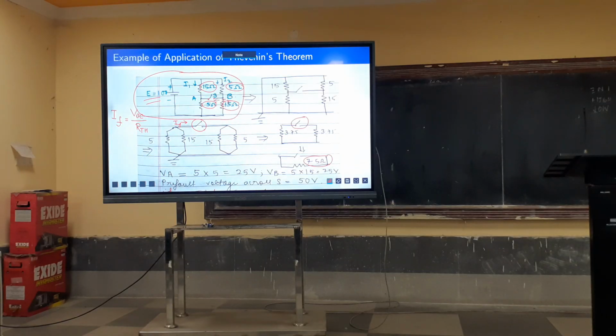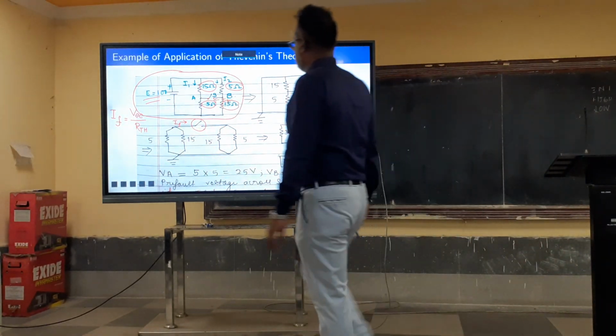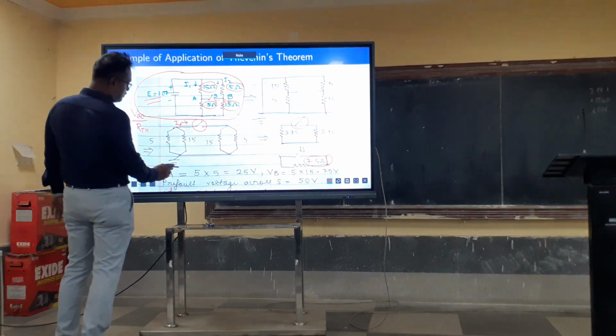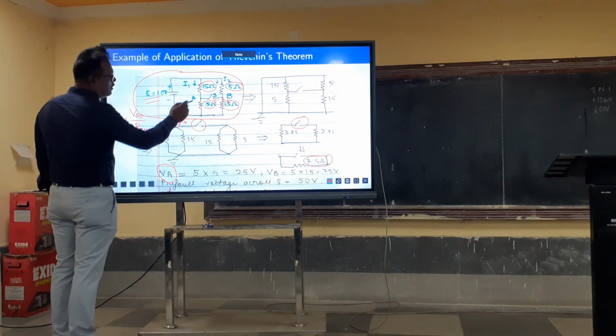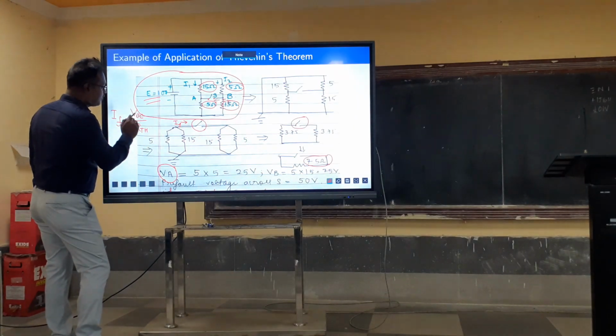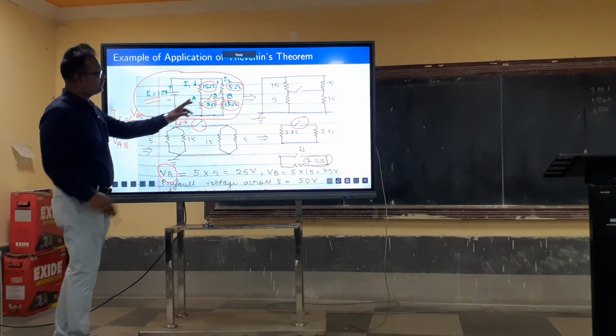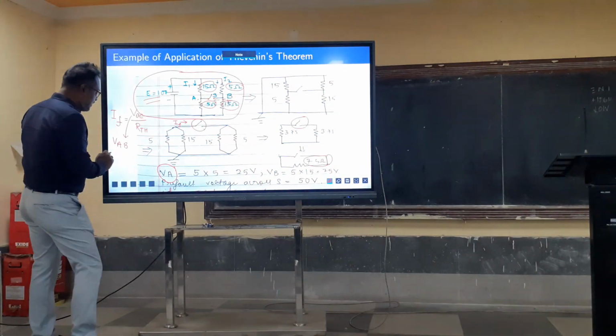Now you know, here E represents the generator voltage, 100%. But what is the voltage that is appearing at the fault point? That depends on the network topology. Topology here means the resistances 5, 5, 5, 5. So VOC is basically VAB, across these two points A and B. But what is VAB?